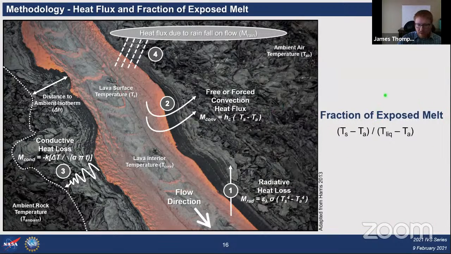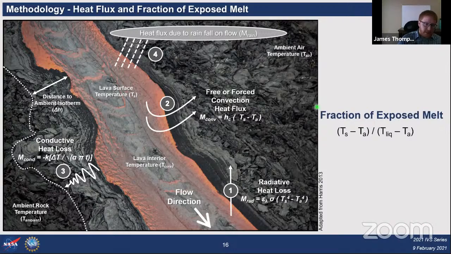Fraction of exposed melt is a proxy calculation where I take the temperature of a pixel within a surface, subtract the ambient temperature, and divide that by the liquidus temperature for the composition of the basalt I'm looking at, again minus the ambient temperature. This property is a proxy of how much of the material within that pixel is above the liquidus, and so completely molten.